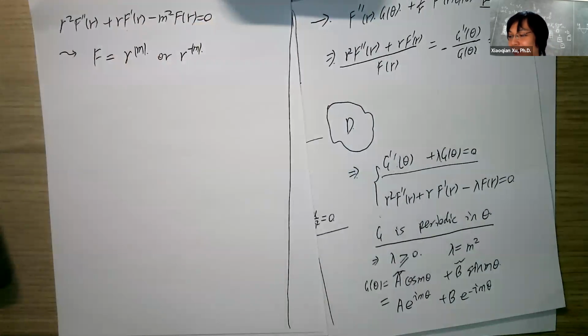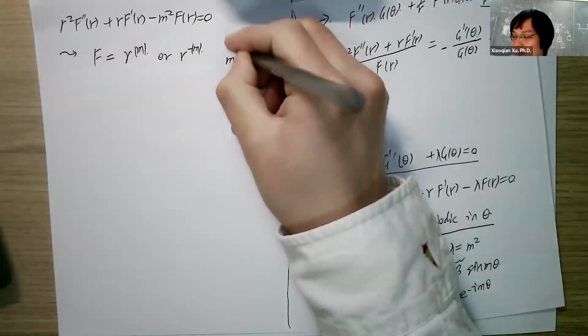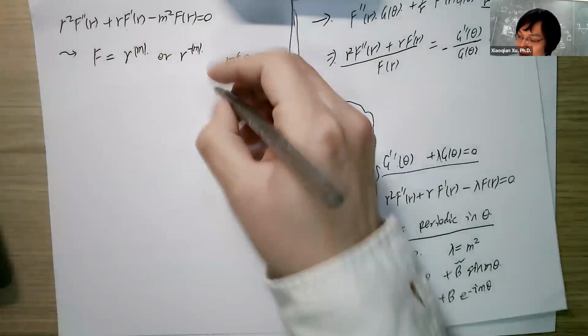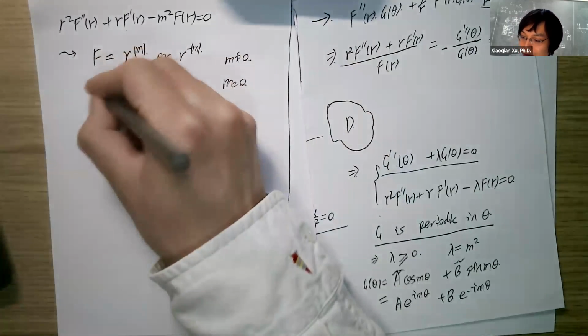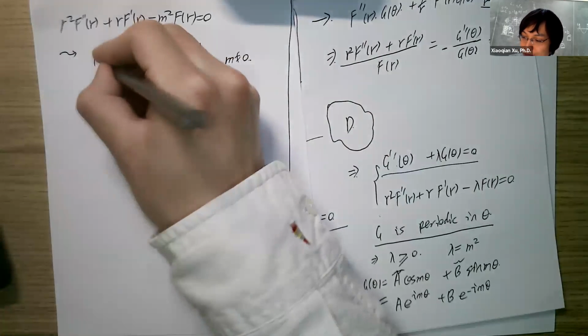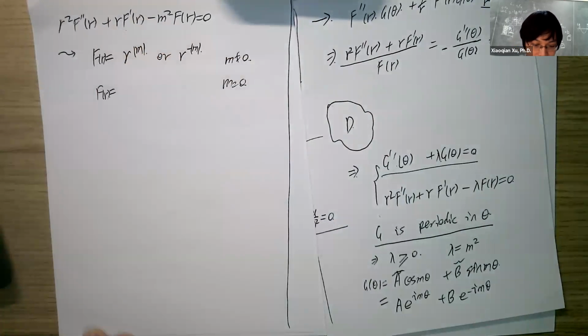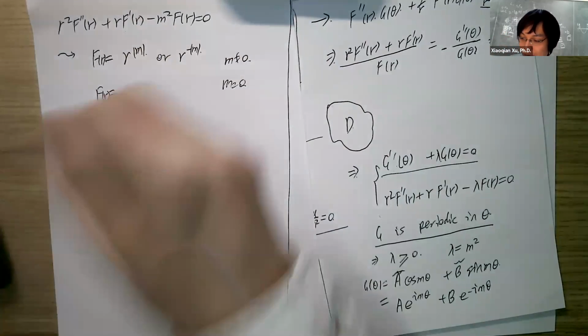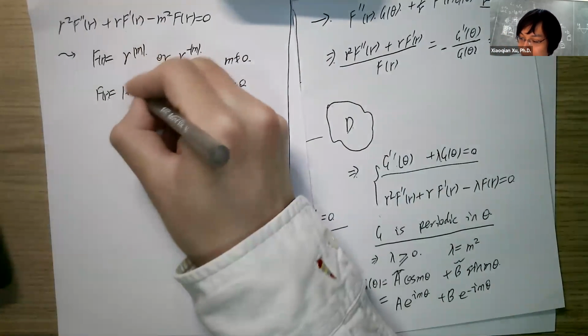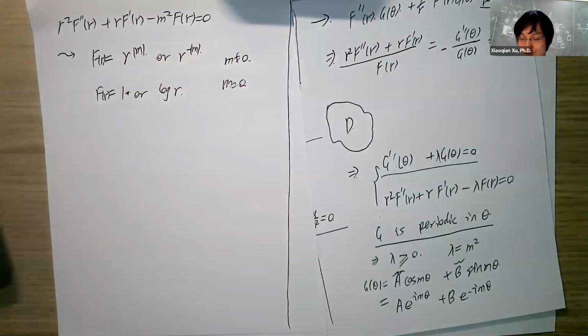And you don't want m equals 0. If m equals 0, you got f equals 1 or log r.